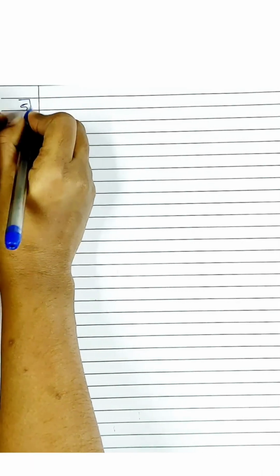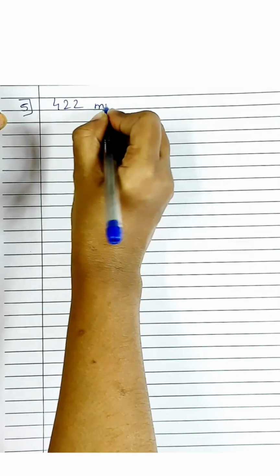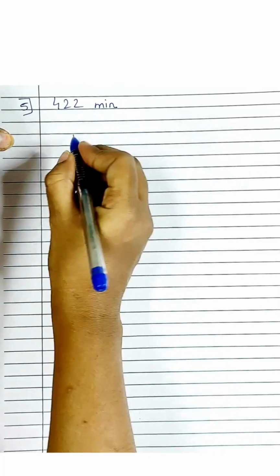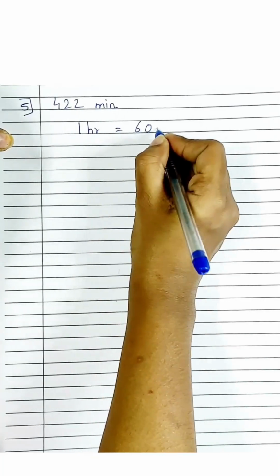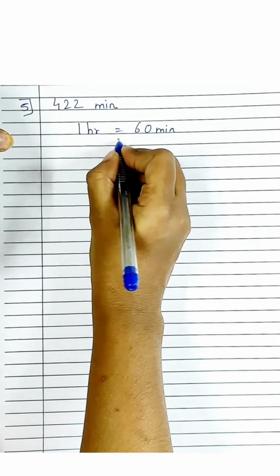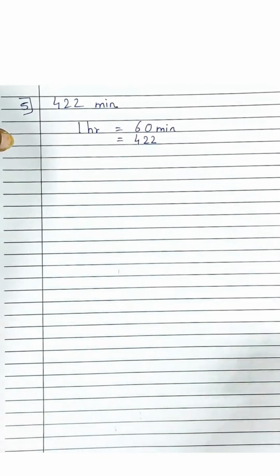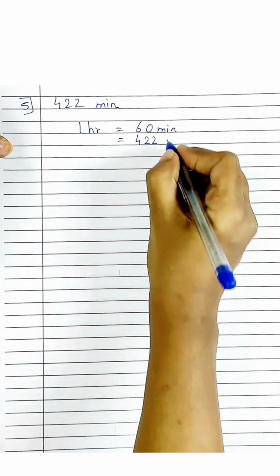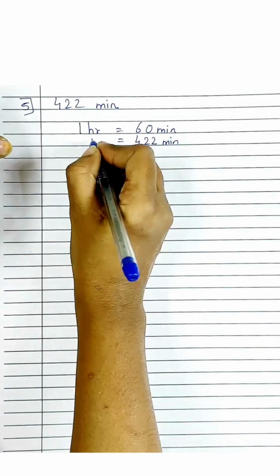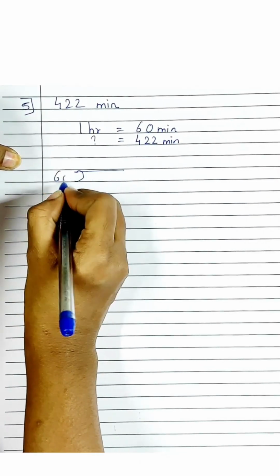Fifth sum. Let us take 422 minutes. So again, in 1 hour there are 60 minutes. So if in question they give you 422 minutes, so what is the hour? Simply divide by 60.